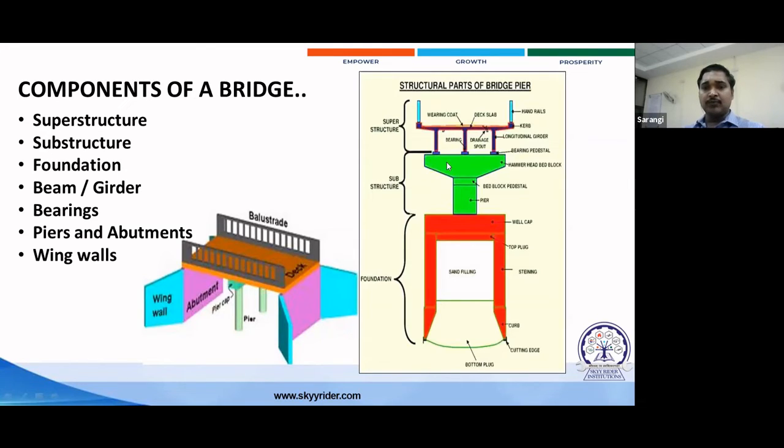Up to the pier, this section is known as the substructure, whereas the upper part is known as the foundations. Generally, the pile cap will be laid under the ground surface. And the deck slab transfers the load by using some longitudinal girders.